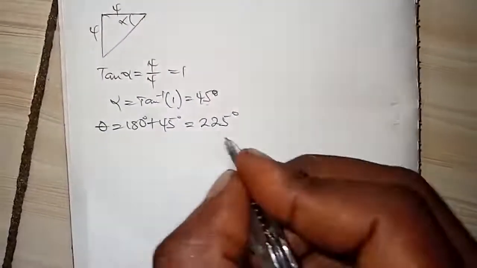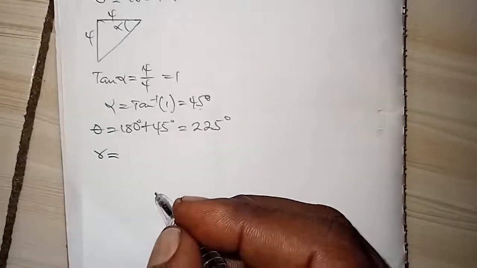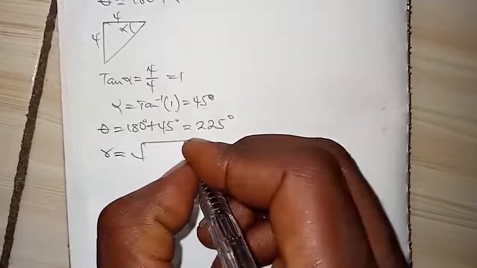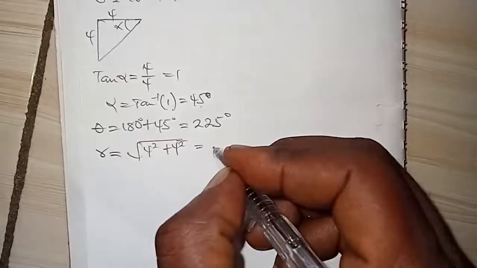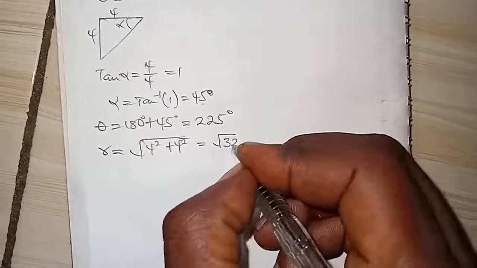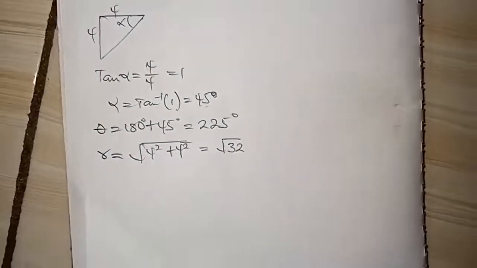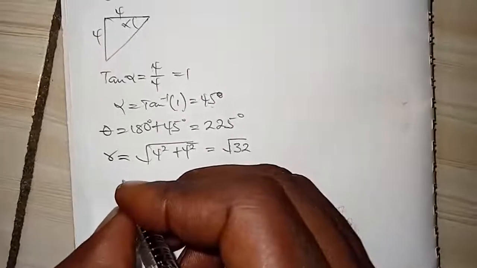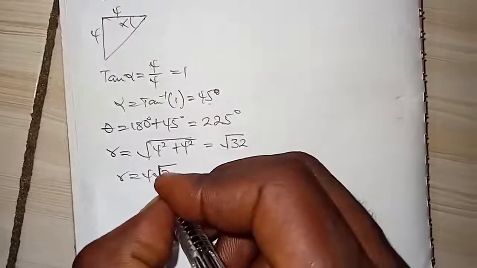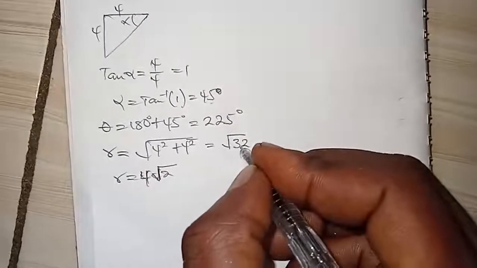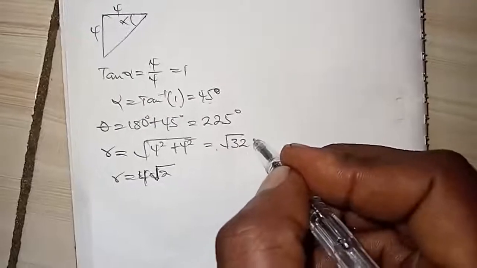Now our modulus r is given by the square root of 4 squared plus 4 squared, which is 16 plus 16, which is 32. The square root of 32 is 4 root 2, because 32 is 16 times 2, and 16 has a perfect square of 4.